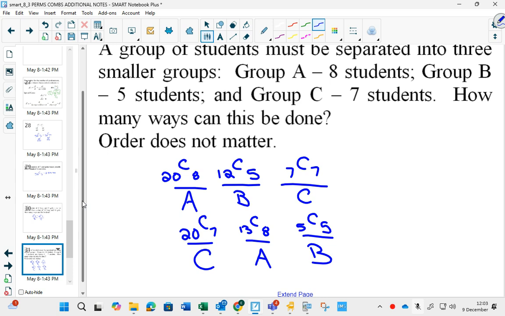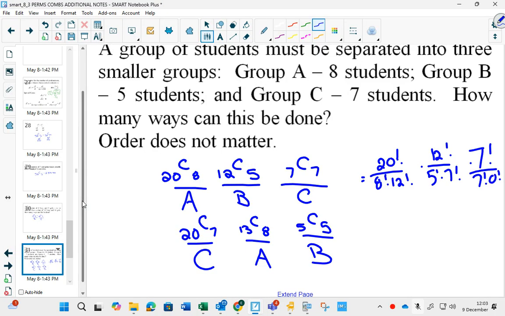Now, what's fascinating about this is that if I do 20 factorial over 8 factorial, 12 factorial, and 12 factorial over 5 factorial, 7 factorial, and I'm just going to write 1 for that. Even though, oh, actually, you can have 7 factorial over 7 factorial, 0 factorial.